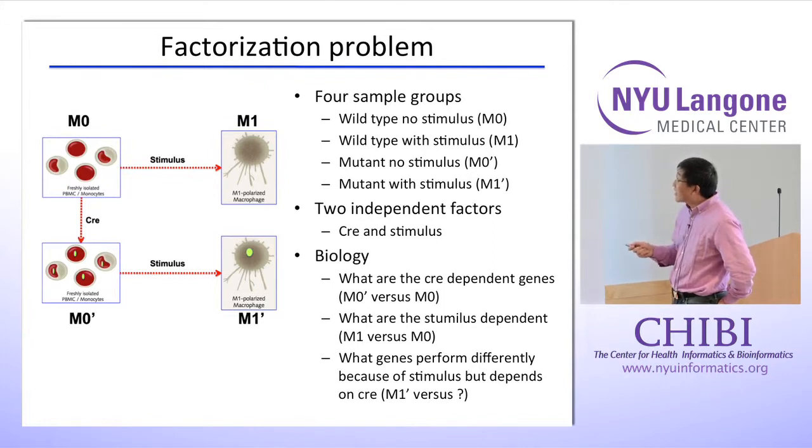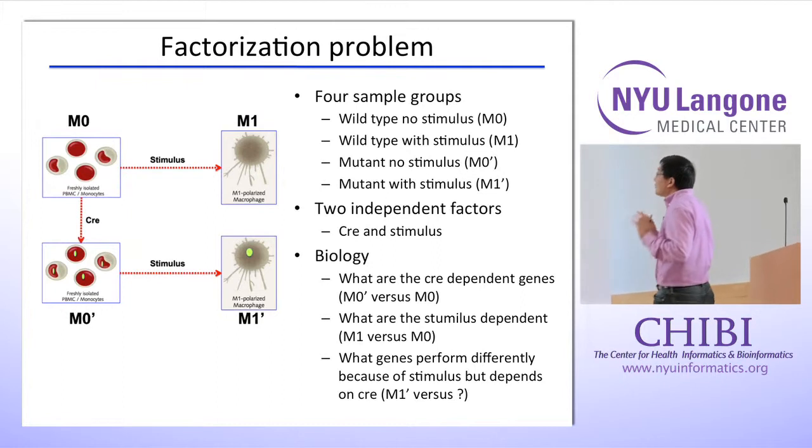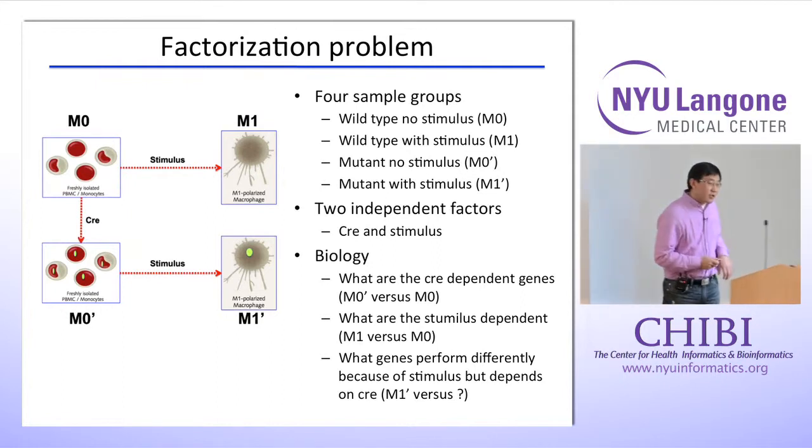These 2 factors can live without depending on one another. You can do purely stimulation with wild-type macrophage, and you can also just do the knockout for those macrophage. You can do the experiment; it doesn't have to live together for these 2 factors.